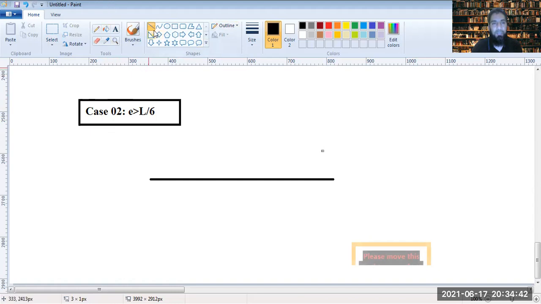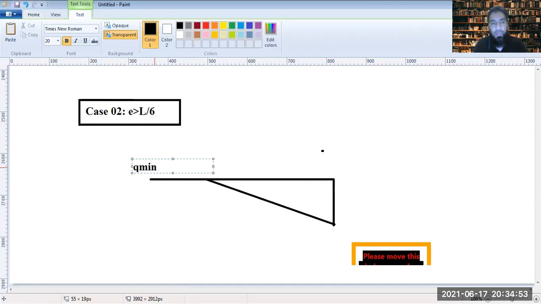That's the first thing. This is Q minimum, and this is Q maximum.